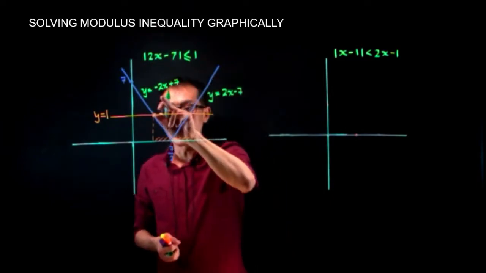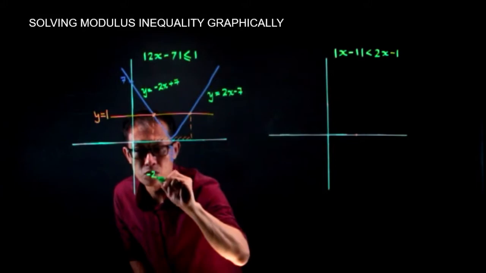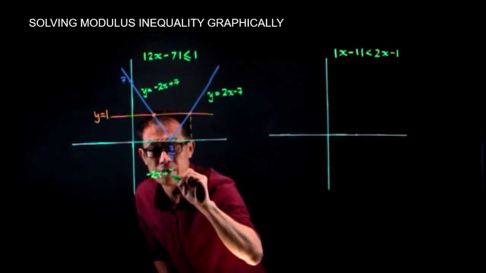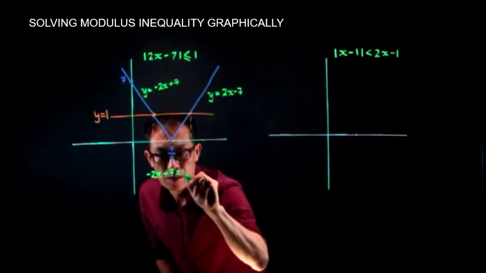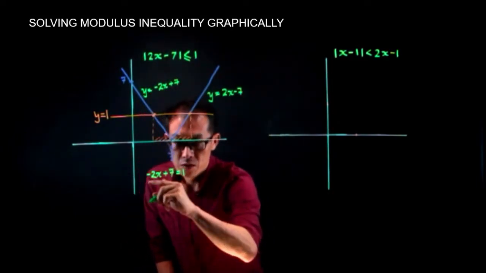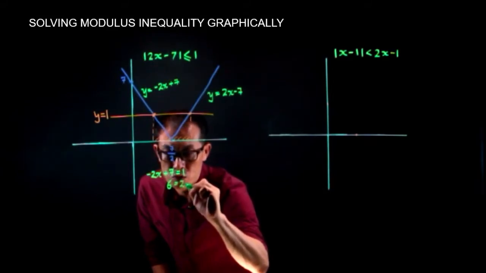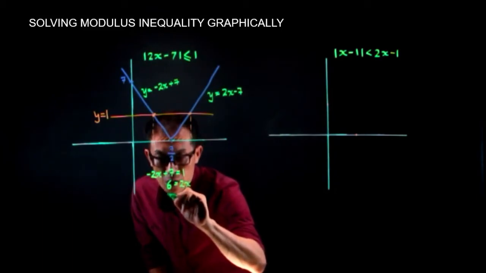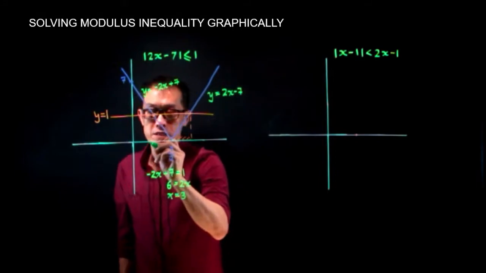So let's find this point first. You have minus 2x plus 7 is equal to 1, so you got 6 is equal to 2x. So x is equal to 3. So this point here is 3.